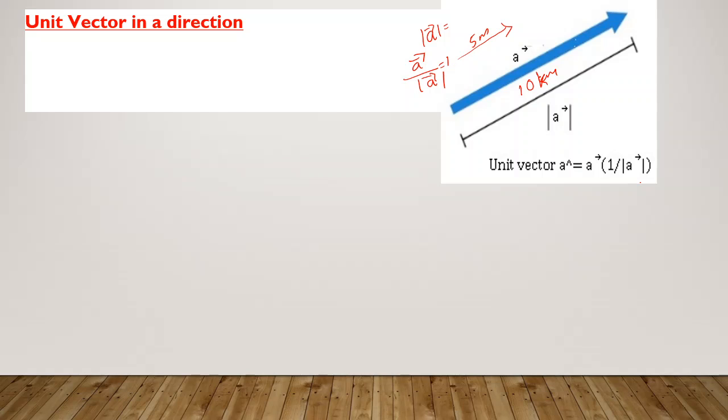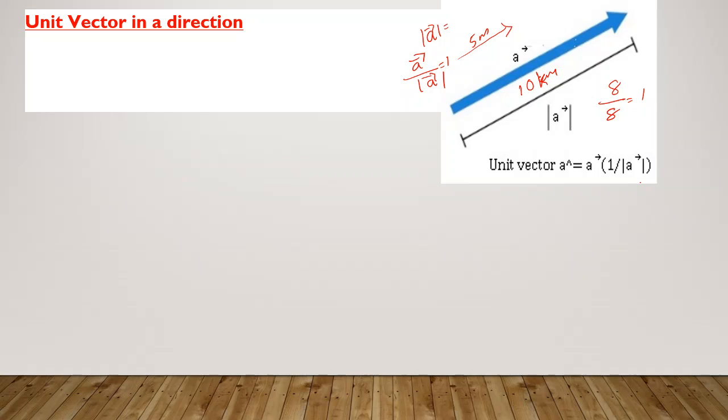Whenever a vector has length 1 or magnitude 1, we call it a unit vector. If the magnitude is 8, if you divide by 8 you will get 1. So to get length 1, just divide by the length that you have.